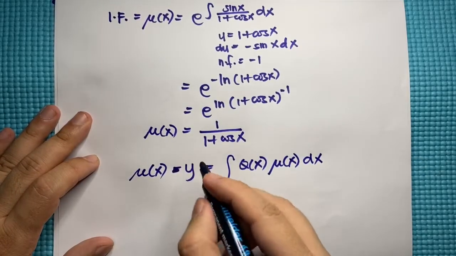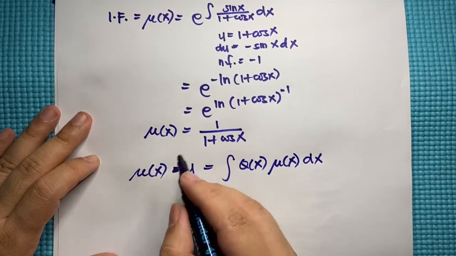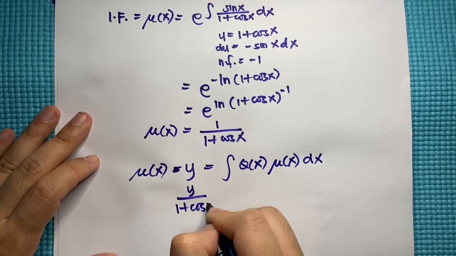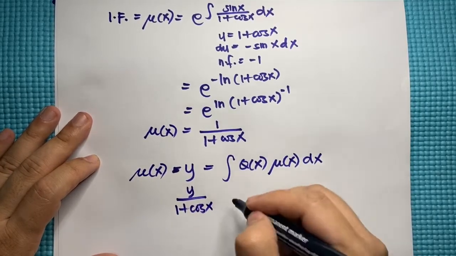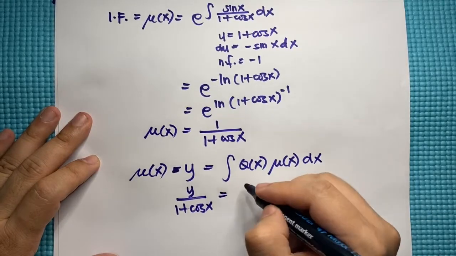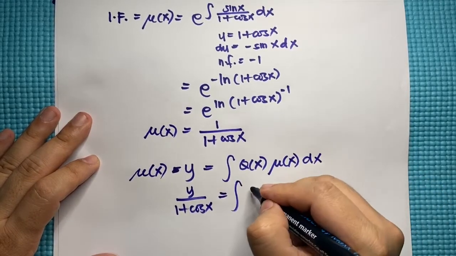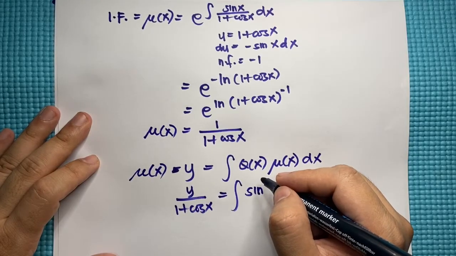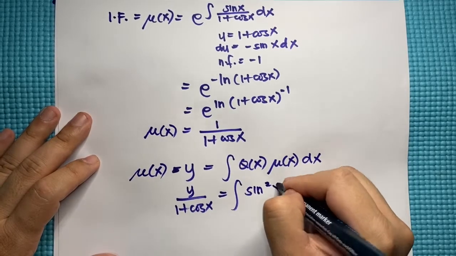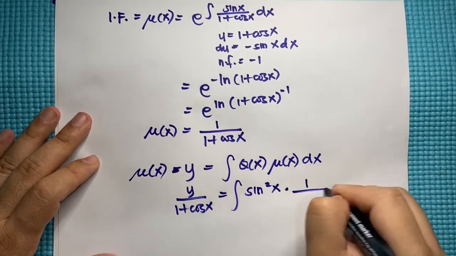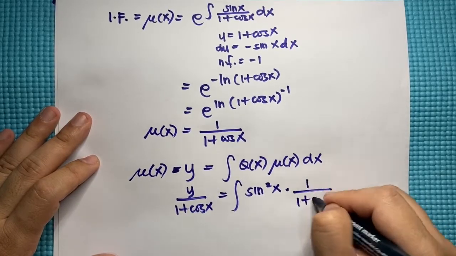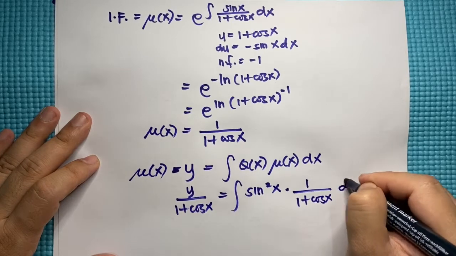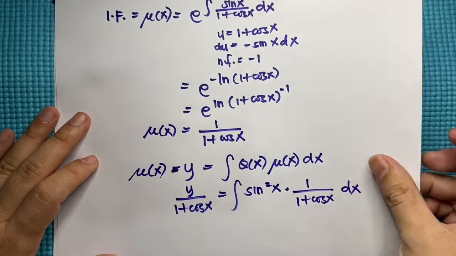Our mu of x is 1 over 1 + cos x, so that is y over 1 + cos x, equal to the integral of q of x, which is sin²x, multiplied with 1 over 1 + cos x dx.